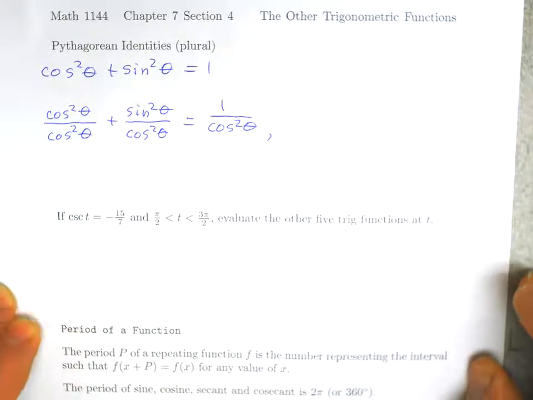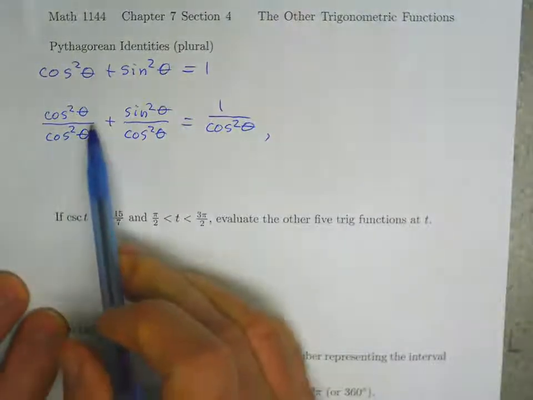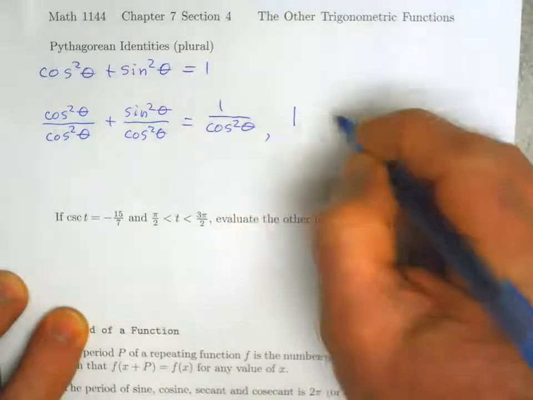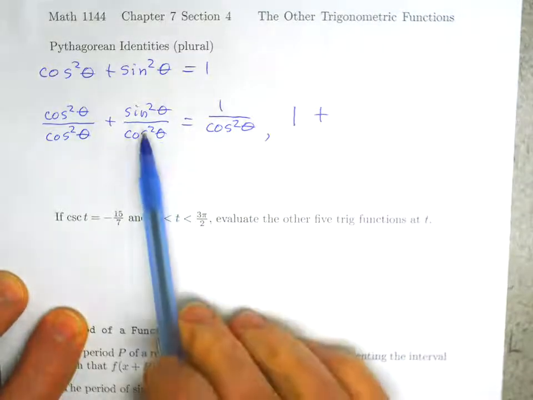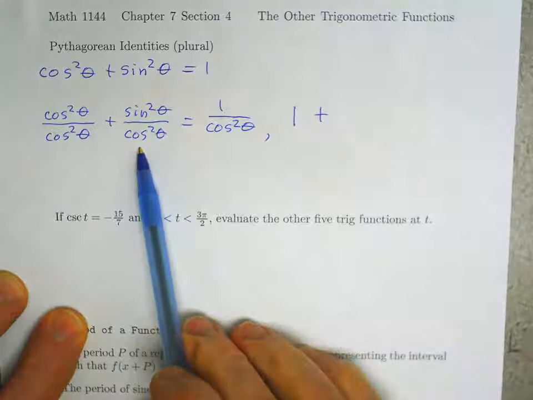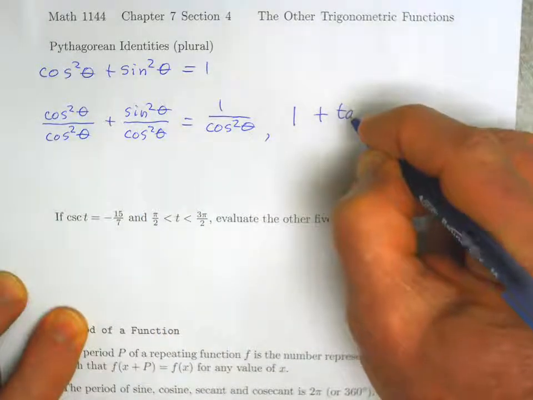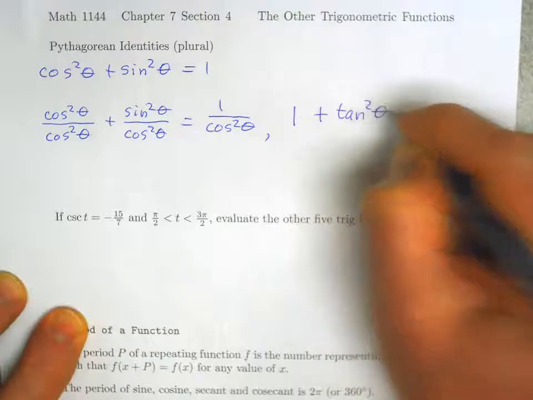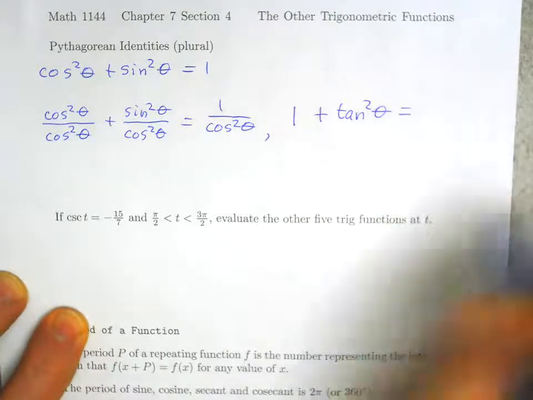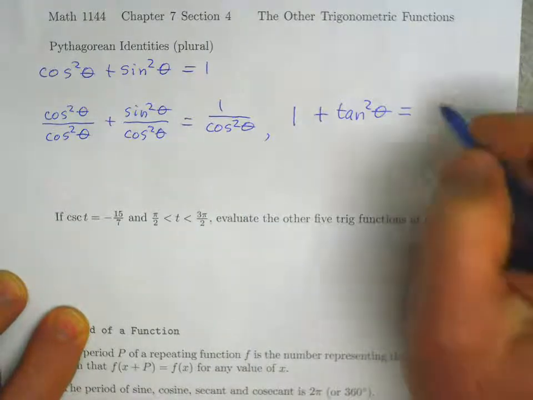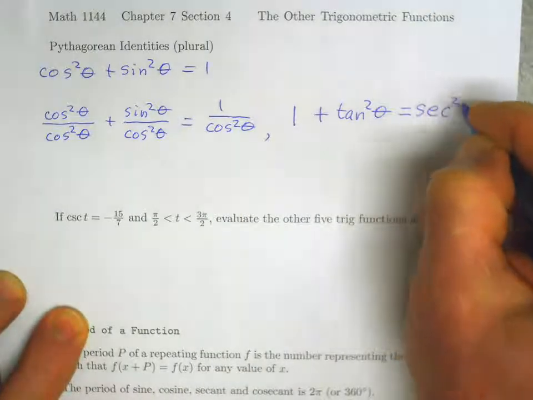And then we simplify. Cosine of theta squared divided by cosine of theta squared is 1. Sine of theta squared divided by cosine of theta squared is tangent of theta squared. And 1 over cosine of theta squared is secant of theta squared.